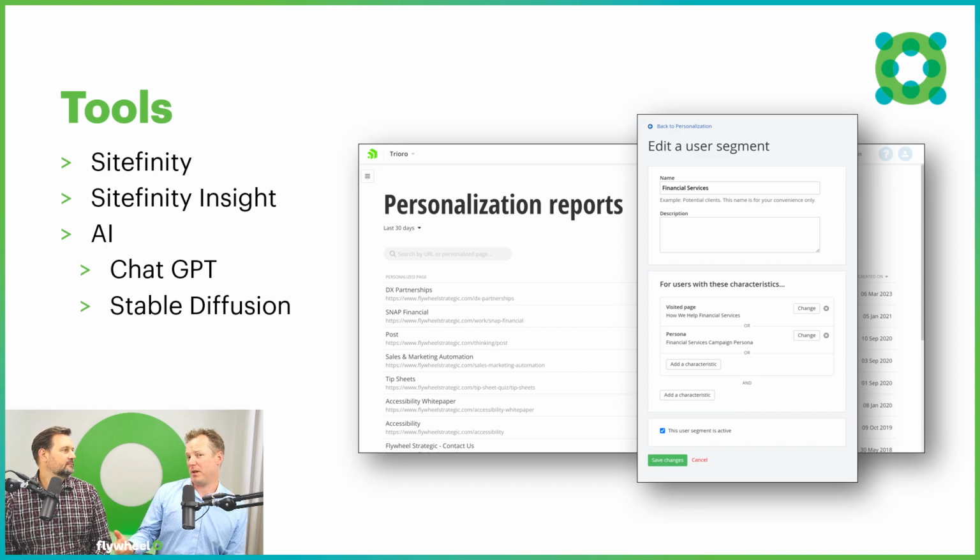Do you want to speak to the effectiveness of using AI for this kind of an engagement? Yeah, and I would even say with Sitefinity Insight, it's almost like a light CDP. You can pull in data from a lot of different sources to start building out. It can help you understand that wholesome picture of each one of your customers.